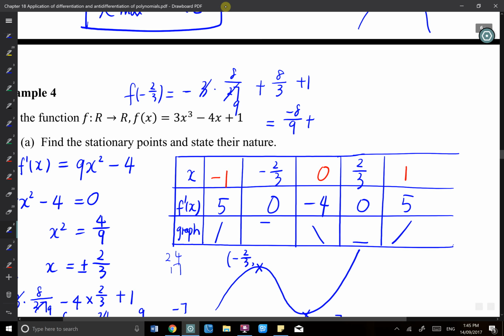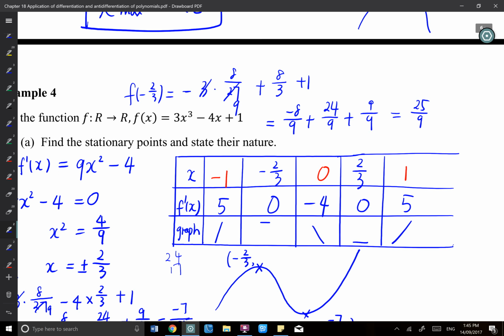Minus 8 over 9 plus that plus that. So that's 25 over 9.